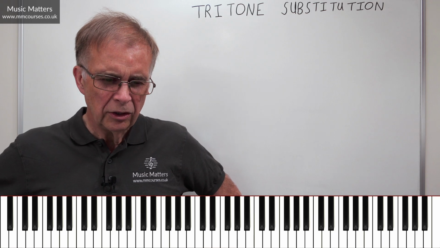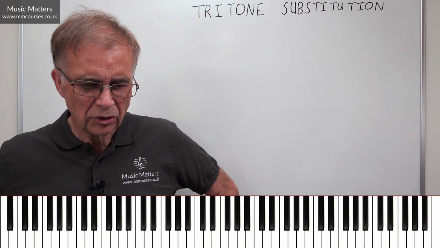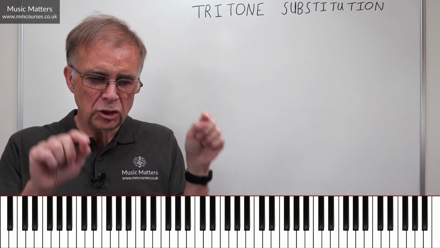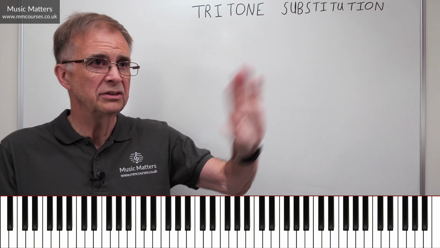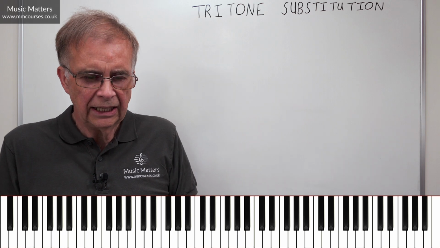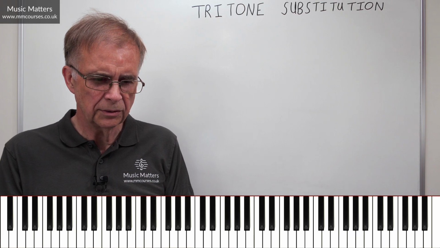Huh? Now, you might be thinking, why would I want to use a D flat 7 chord when I'm in C major? Well, remember what we said about it being a non-diatonic chord. Even D flat, you immediately think, well, D flat isn't in the key of C major. No, because it's a non-diatonic chord.